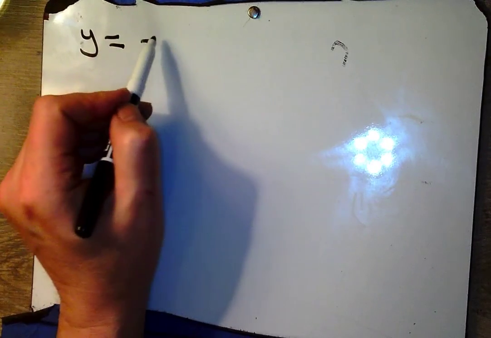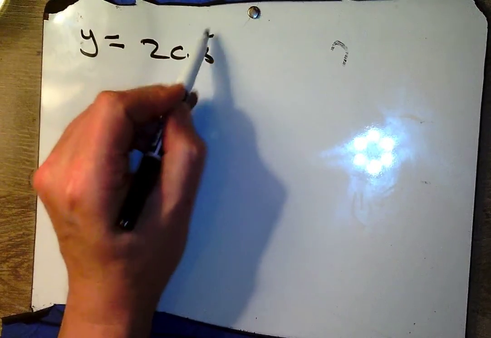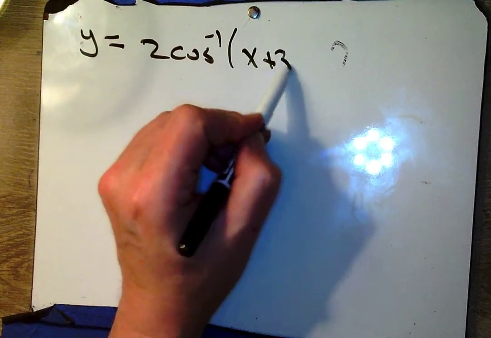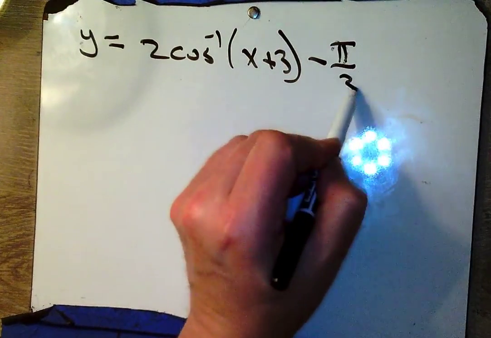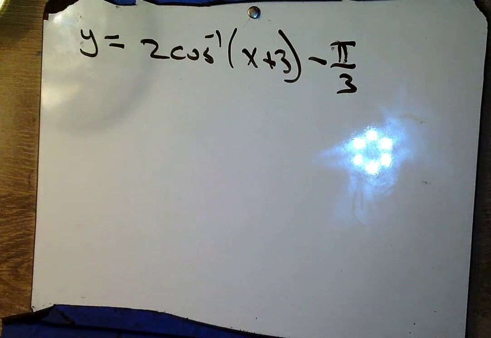Let's then graph some inverse cosine stuff. Y equals 2 cosine inverse of (x plus 3) minus pi over 3. Okay?